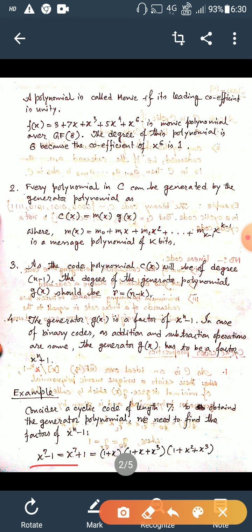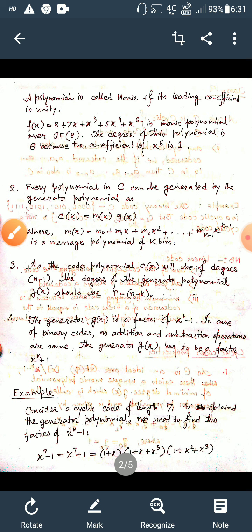The factors are 1 plus x, 1 plus x plus x cube, and 1 plus x square plus x cube. It is not important here how you got the factors, but these are the factors in this case. If any extra option is given to me, then obviously I will discuss how you can factorize that particular element.